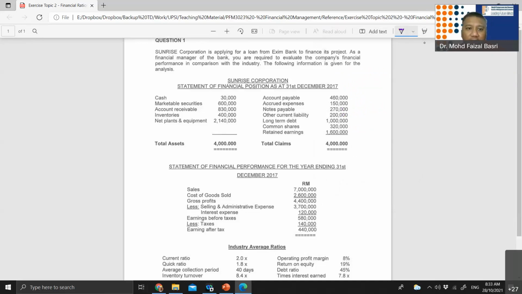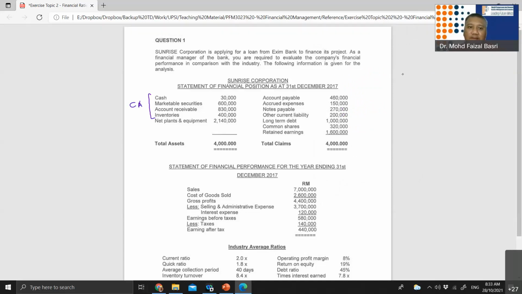So we have cash, marketable securities, accounts receivable, and inventory. These items are our current assets, CA. And the net plant and equipment is fixed assets, FA. On the right hand side, we have accounts payable, accrued expenses, notes payable, and other current liabilities.